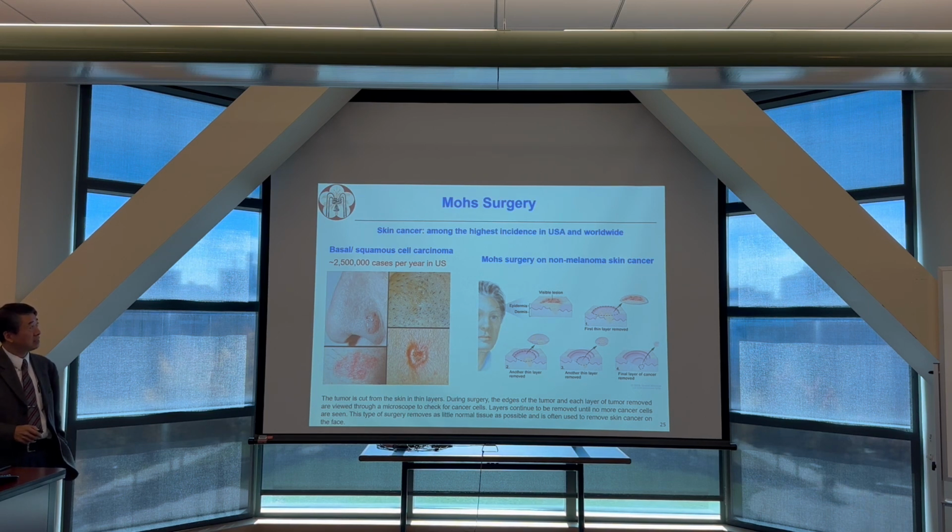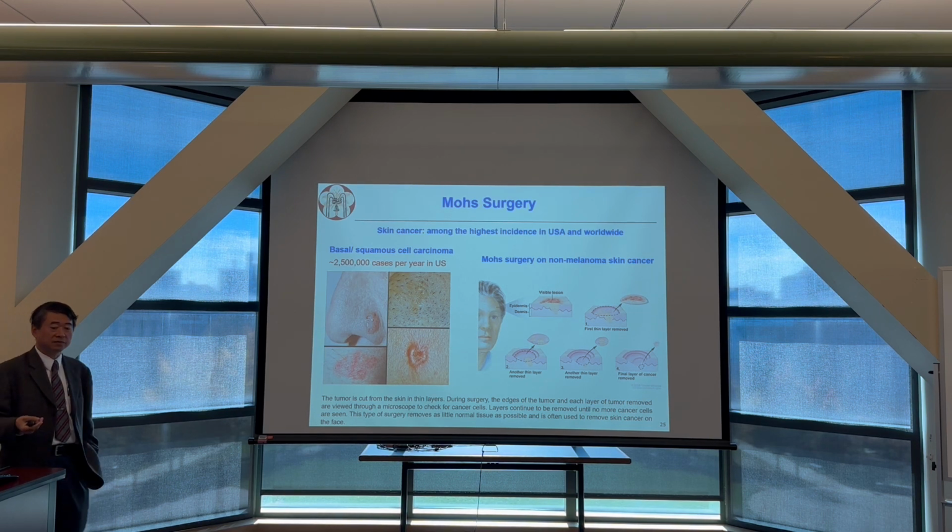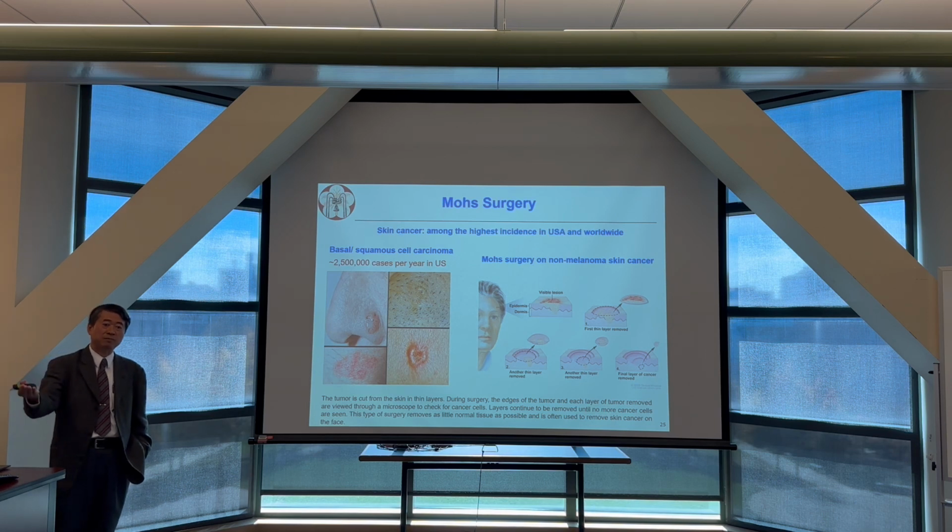Right now in the United States, there's a surgery called Mohs surgery. This is quite famous in the United States because each year there are roughly 2.5 million new instances of skin cancer. When you have a skin cancer, on the one hand, if the physician is able to do an incisional biopsy, you can clearly remove all the malignant cells.